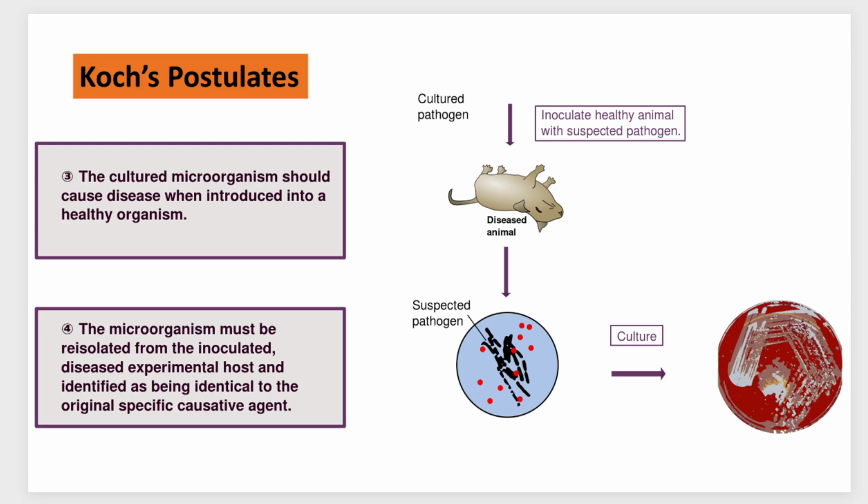The microorganism must be re-isolated from the inoculated diseased experimental host and identified as being identical to the original specific causative agent. So then you have to be able to get it out and see, is what we're looking at now that caused the disease again the same as the microorganism that I isolated the first time?